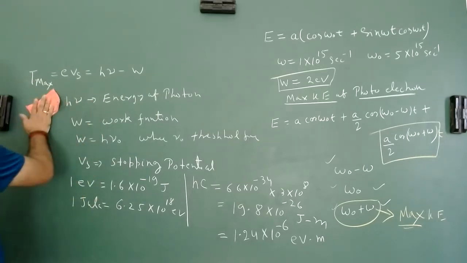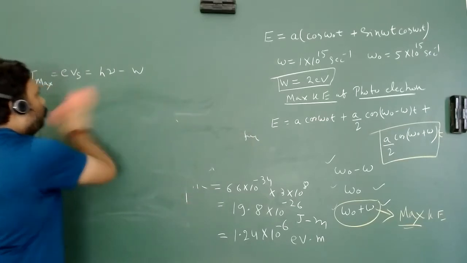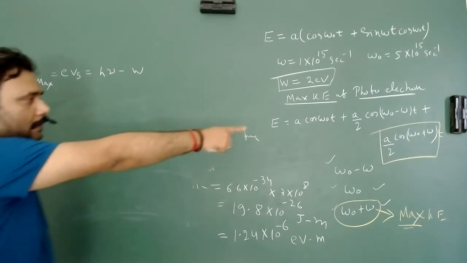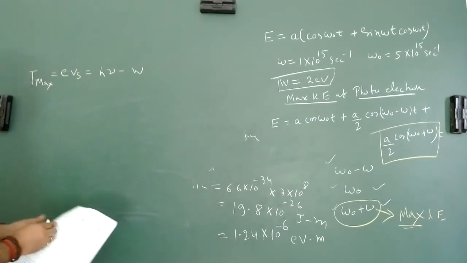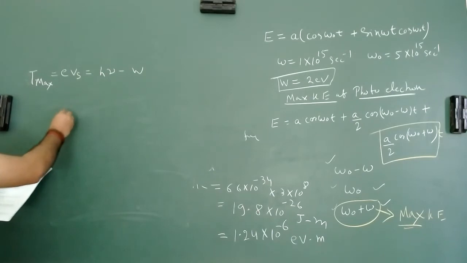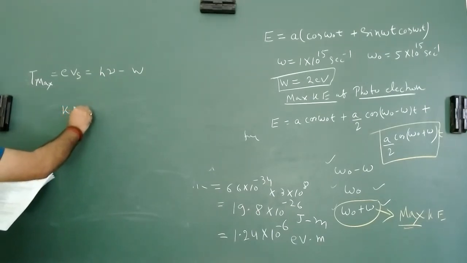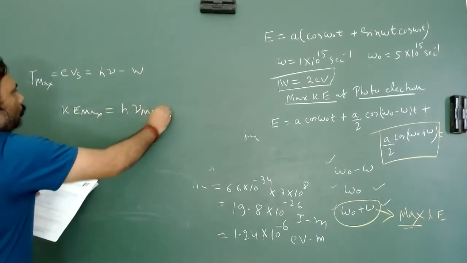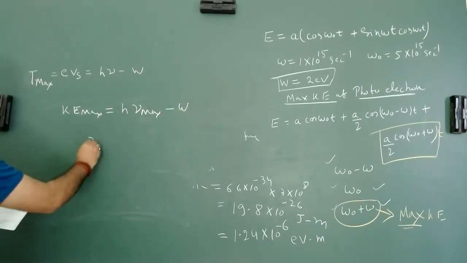When we calculate, we have to be very conscious that this is the angular frequency, and we have to convert it into the linear frequency. So K maximum, the maximum kinetic energy, is related to h nu maximum minus the work function. And then what is nu maximum?